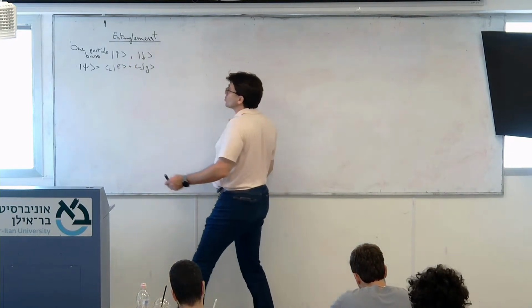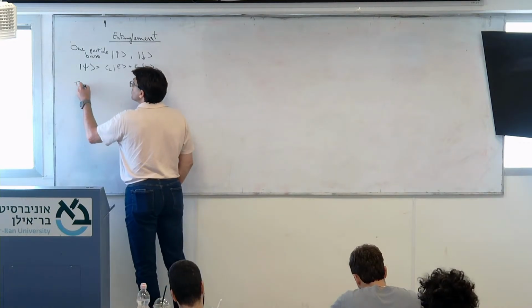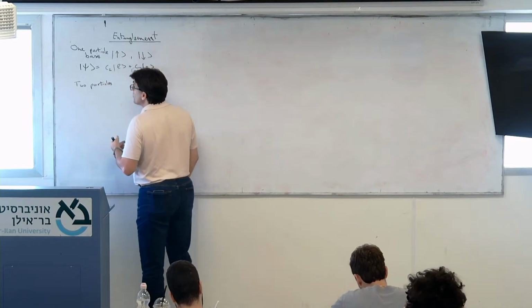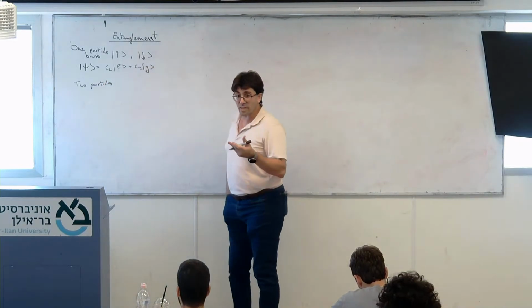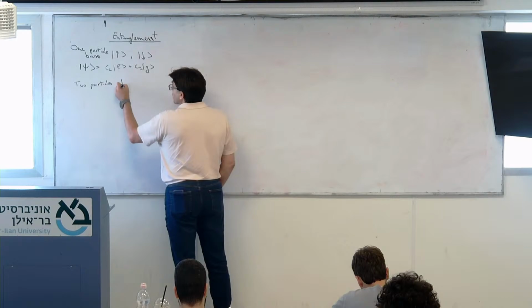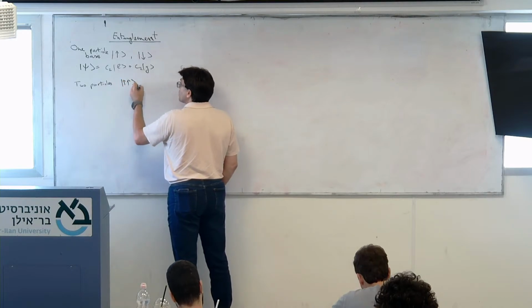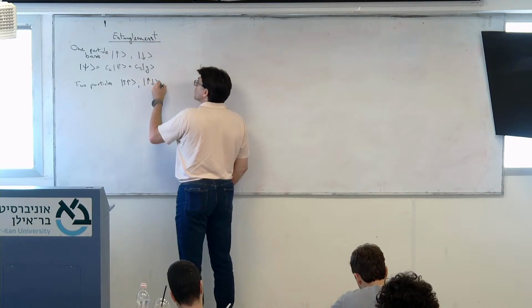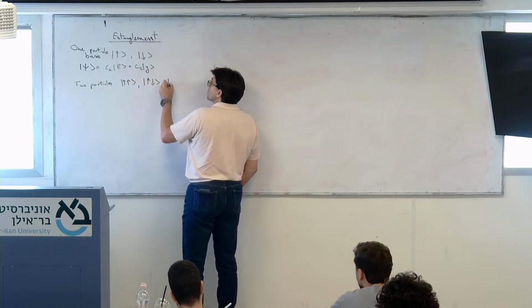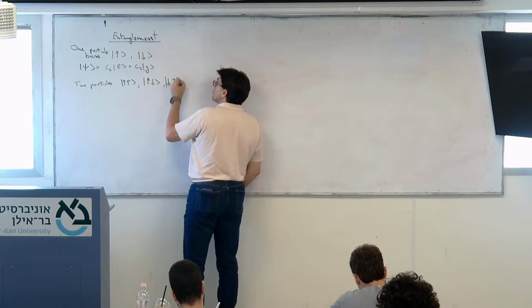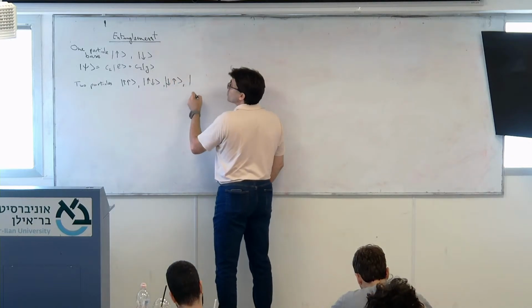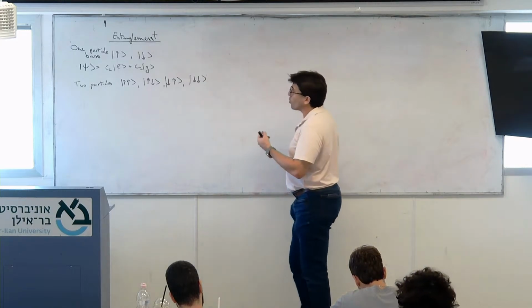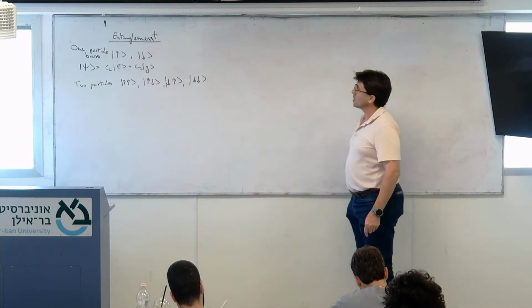Now if we go to two, then the basis states are either both of them are up, or one is up and the other is down, or one is down and the other is up, or both of them are down. So we have four options.